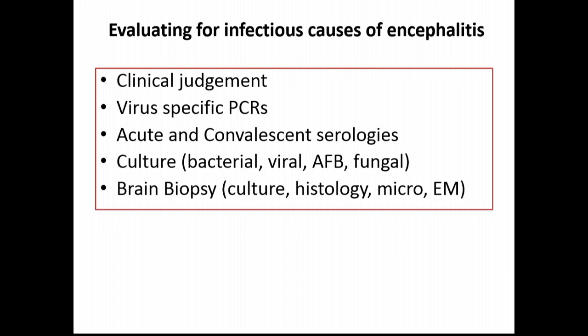Then, of course, we have PCRs, we have serologies, you have cultures, and then even brain biopsy. But we published that even when you do a brain biopsy for encephalitis, often the diagnosis remains frustratingly elusive. It might confirm that there is an encephalitis and tell you that it's not malignant, but it doesn't distinguish between infection or non-infection.